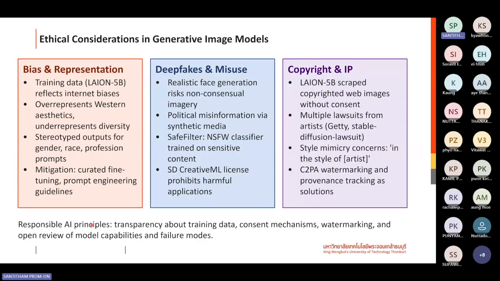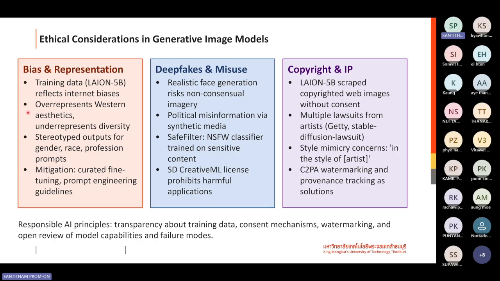Okay. Lastly, I want to put it here. With the ability to generate images comes responsibility. Firstly, the data: the models that we discussed today are trained on LAION-5B, so they contain the internet bias of LAION-5B, and they overrepresent Western aesthetics.